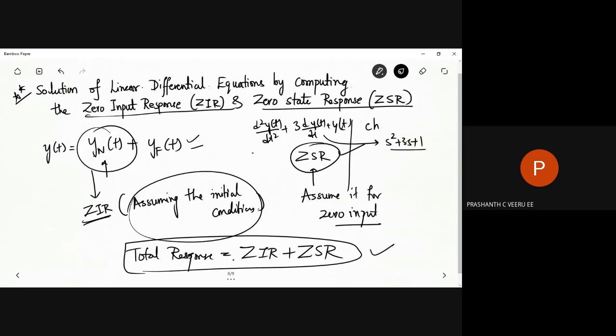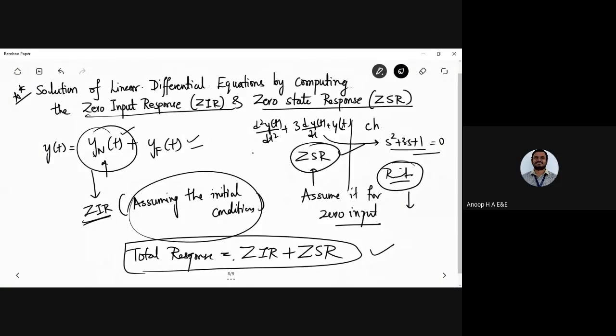Are you clear? Yes, sir. So how would you calculate the roots of the equation? Equating it to 0, you would have got some roots of the characteristic equation. Depending on the roots, I would have found out the natural response of the system. There we didn't consider the input. Hope it is clear to you.